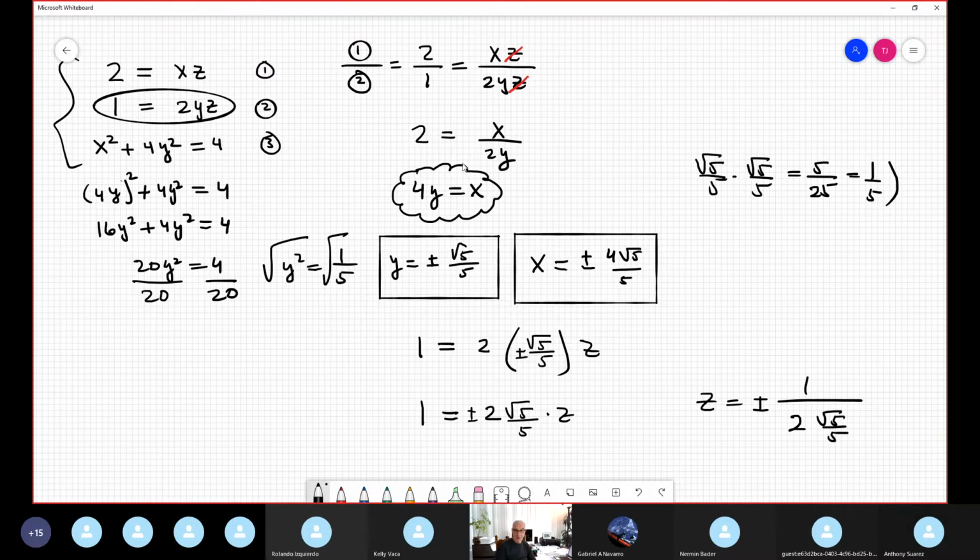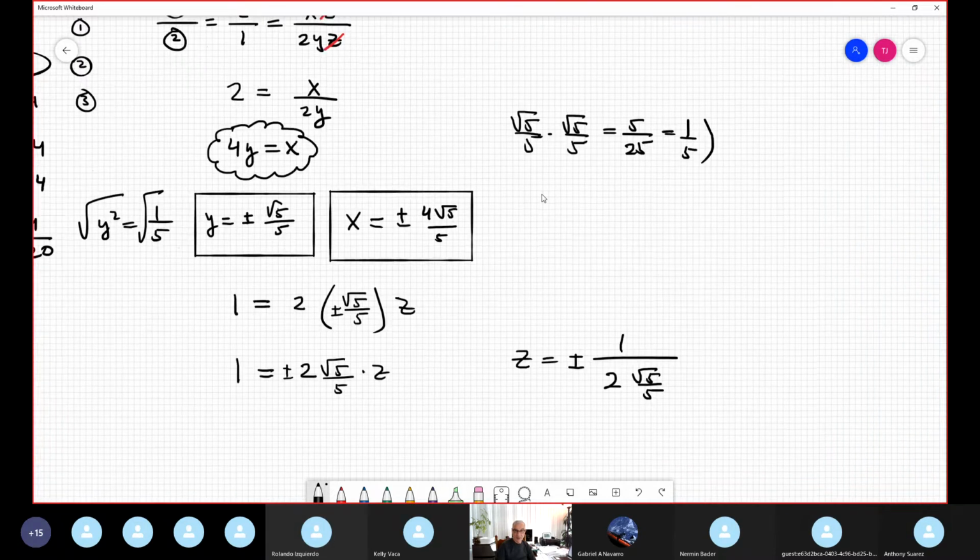I know that radical 5 over 5 is 1 over radical 5, entonces plus or minus radical 5 divided by 2. Because I know that this guy is 1 over radical 5, and reciprocal this is radical 5.